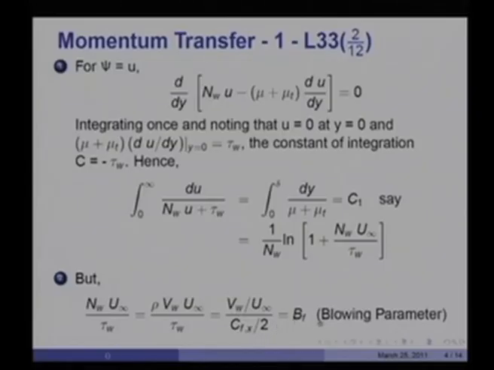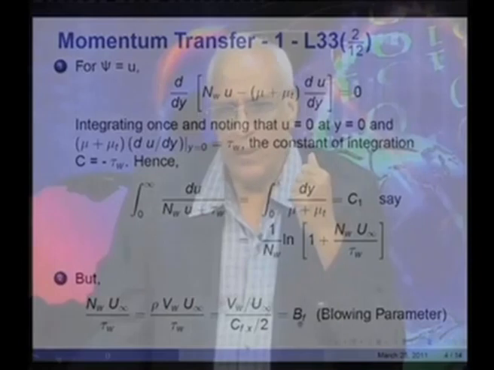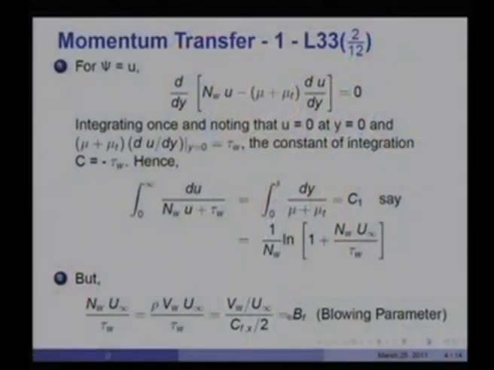And as you will recall, this is nothing but the blowing parameter, which we had invoked during similarity solutions and integral solutions. So, essentially then 1 over m w ln (1 plus B f) would equal some constant C1.